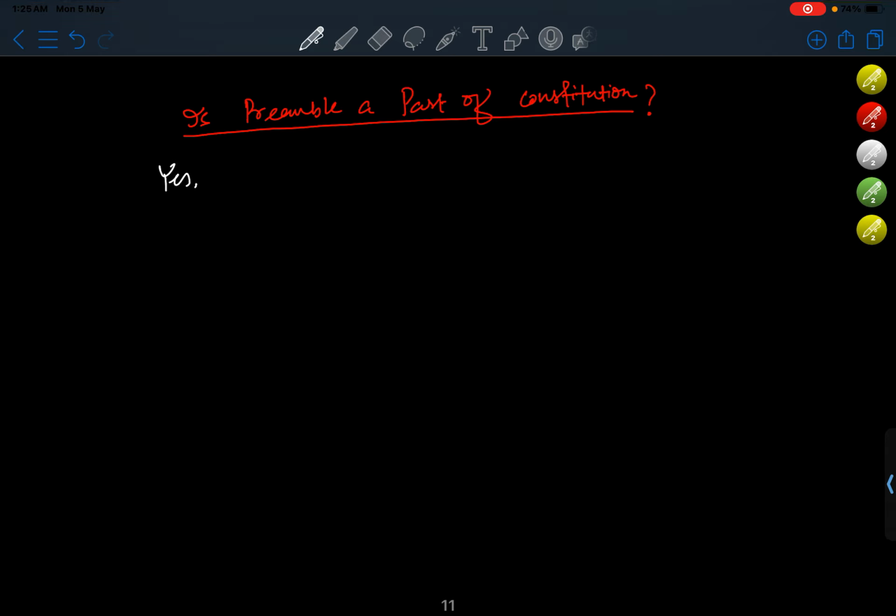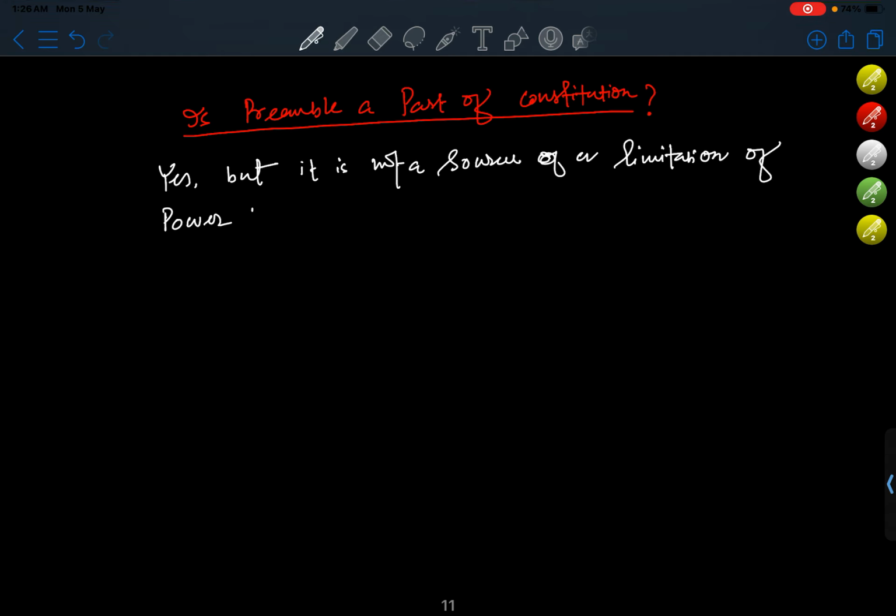Yes, it is a part of the constitution, but it is not a source of power to the legislature or a limitation of power to the legislature, and it is non-justiciable.